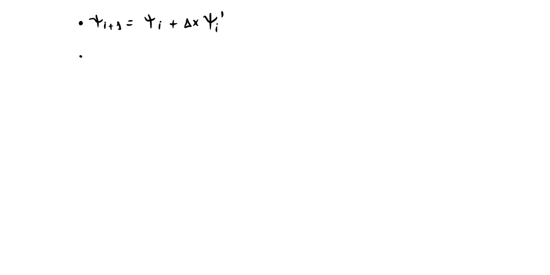So now what I'm saying is psi prime at the point i plus 1 has to be the psi prime at the point i plus delta x multiplied by V at the point i minus the energy, and psi at the point i, okay?